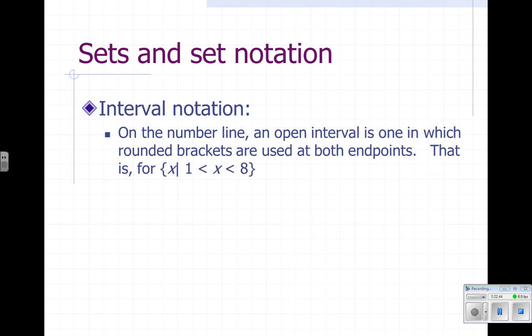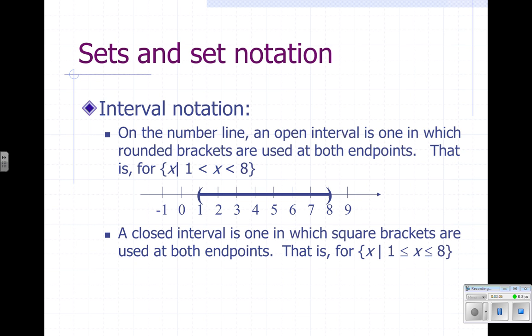So let's write in interval notation on the number line. An open interval is when we use round brackets at both ends. For example, the set of all x in the set of real numbers such that x is between 1 and 8, not including the endpoints, would be indicated on the number line this way. If we had a closed interval in which the endpoints 1 and 8 were included, our set would look similar, except we would be using square brackets at those endpoints instead.